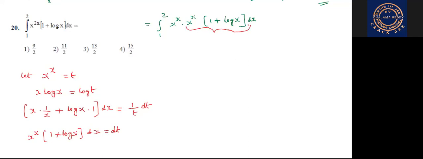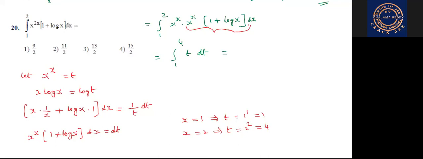Now we want to change the limits also. How to change? If x is equal to 1, then t value is 1 power 1, that is 1. If x is equal to 2, then what is the t value? 2 square, that is 4. So substitute here, integration 1 to 4, x power x means t, remaining value is dt.